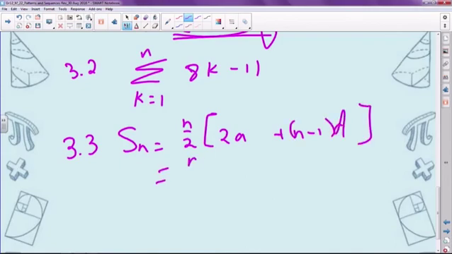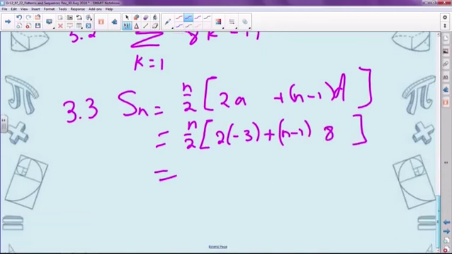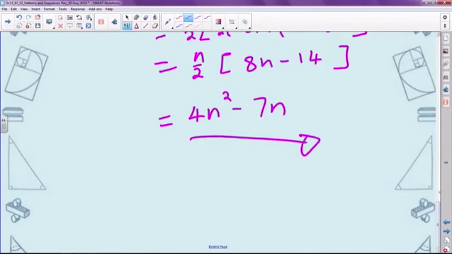We're going to leave the n as it is. a had a value of minus 3 and d had a value of 8. You simplify all of that out and you're going to end up with n over 2 into 8n minus 14. If you simplify within that bracket, multiply your n over 2 into your bracket and you end up with 4n squared minus 7n, which is exactly what they asked you to show.